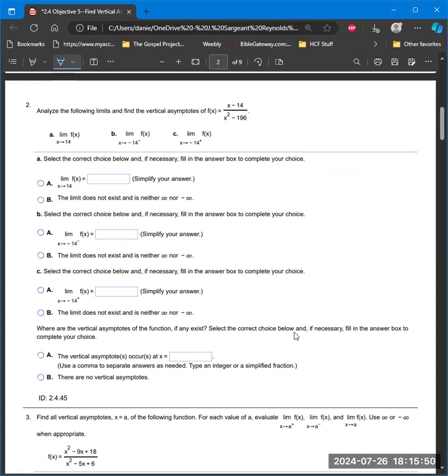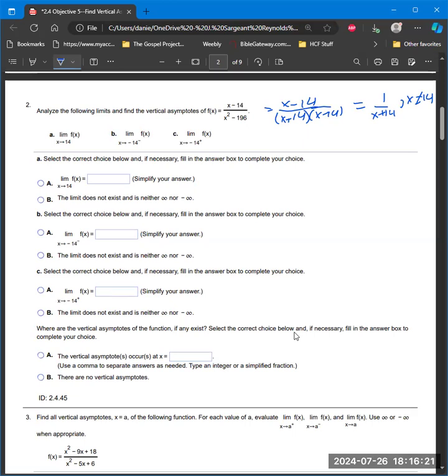This is the same as x minus 14 over x plus 14 times x minus 14, which is 1 over x plus 14 as long as x is not equal to positive 14. There's a hole there in the graph at x equals 14.